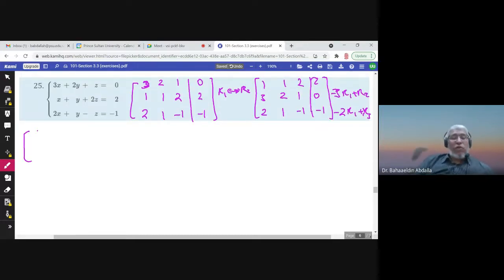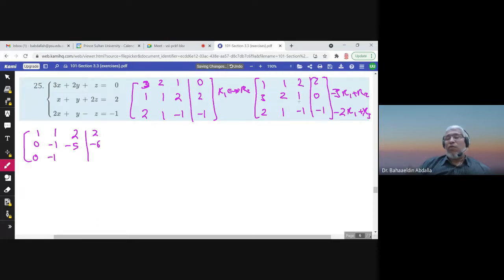The first row as it is. Negative 3 plus 3, 0. Negative 3 plus 2, negative 1. Negative 6 plus 1. Negative 6 plus 0. Negative 2 plus 2, 0. Negative 2 plus 1.